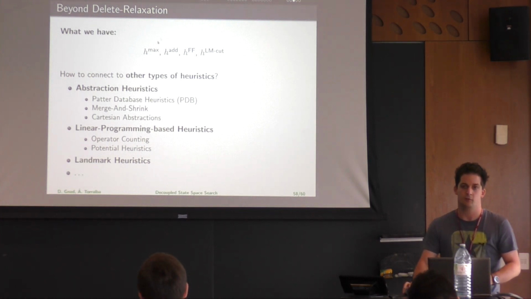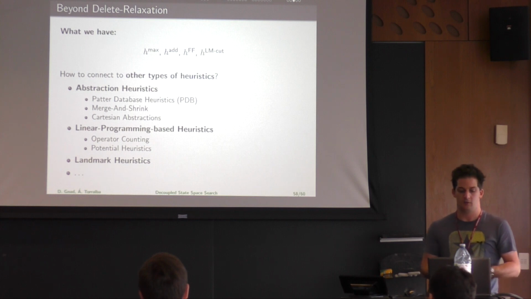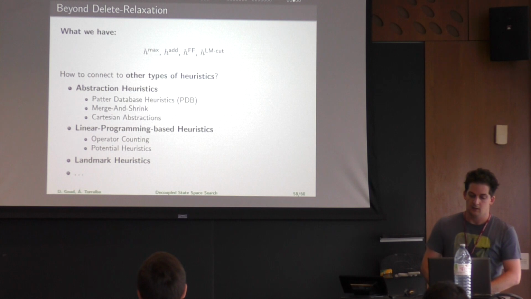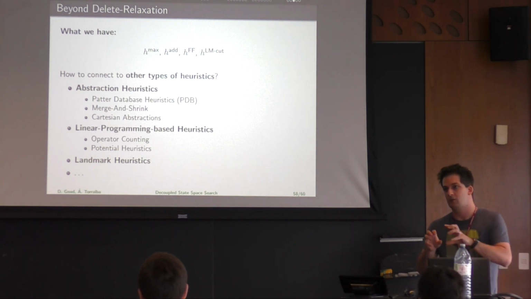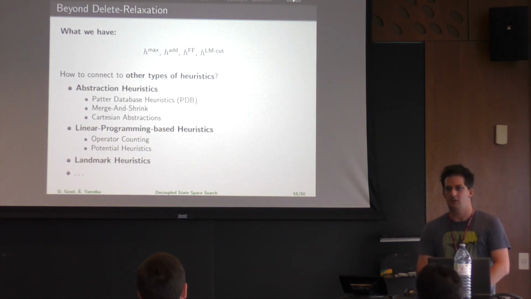Those are all roughly from the delete relaxation family, Hmax, HFF, LMCut. It's certainly possible to connect to different types of heuristics, like abstraction heuristics, merge and shrink, Cartesian abstractions, or LP-based heuristics. Maybe it's possible to easily capture the structure of decoupled states in an LP. Landmark heuristics should be rather easy, I would guess.